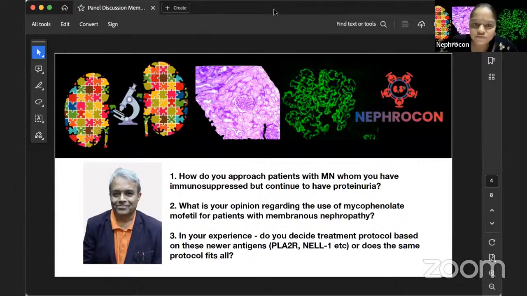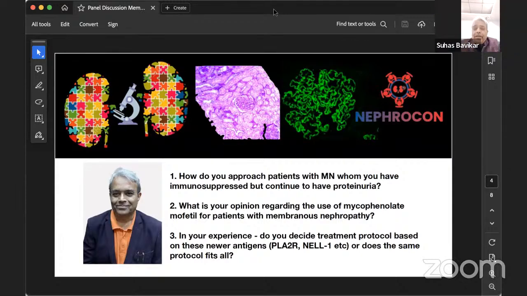Sir, what is your opinion regarding the use of mycophenolate in patients with membranous nephropathy? In membranous nephropathy, where the childbearing females or young children, where we are worried about their fertility, testes, or ovarian function later, we were afraid early in using chlorambucil or endoxan.